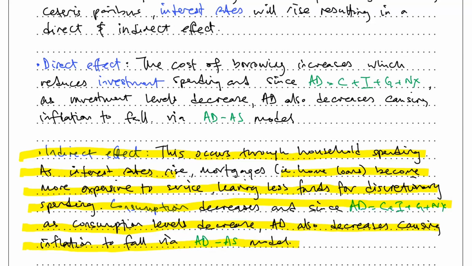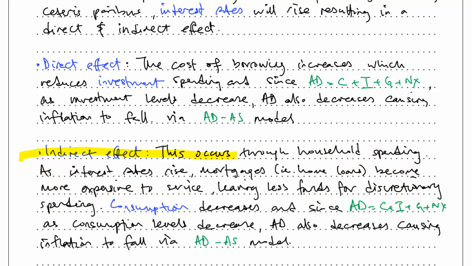So once again, a similar rationale: we're going to use the aggregate demand, aggregate supply model. I'm going to say that because aggregate demand is made up of these four things, C, I, G, and X, if you reduce consumption spending in this case, then you're going to cause that reduction in aggregate demand. Now, how do you reduce consumption spending? How do high interest rates reduce private sector consumption?